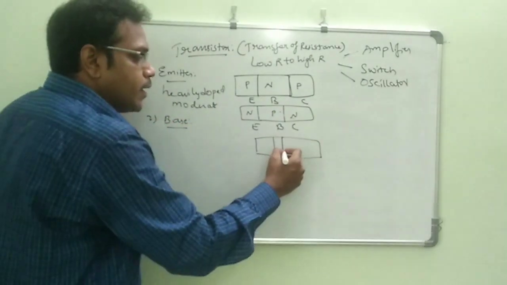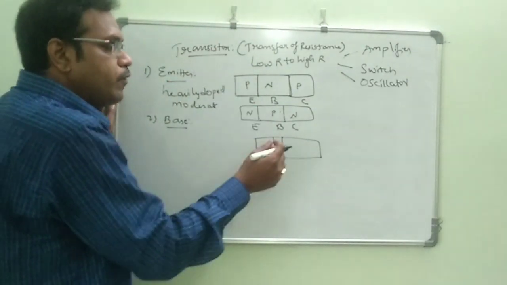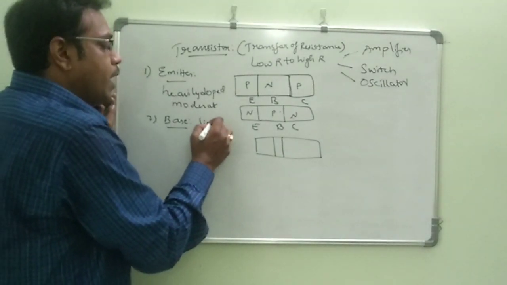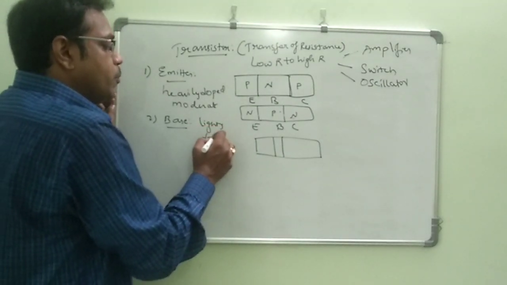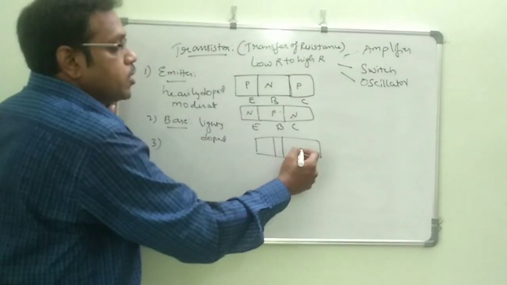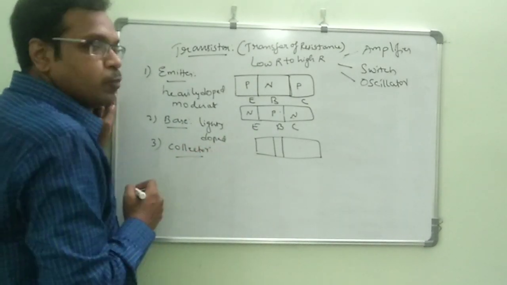The base should be very thin. We need to use a very lightly doped, very small region for it. And the collector is used to get the output current.